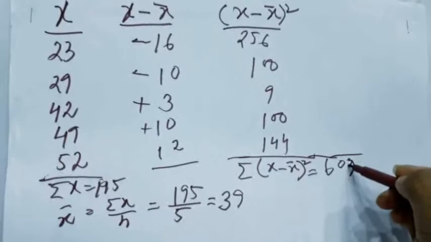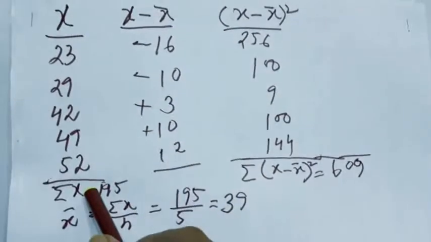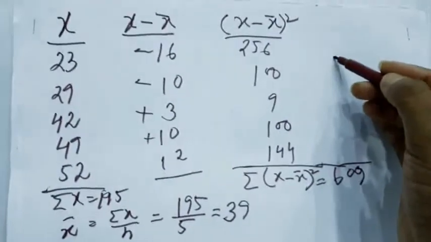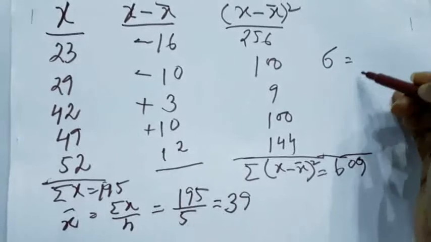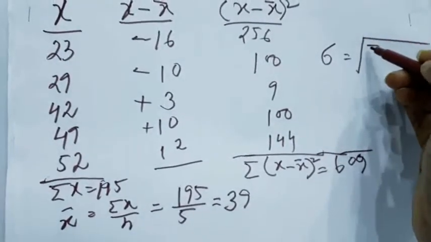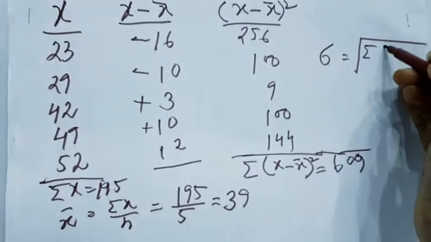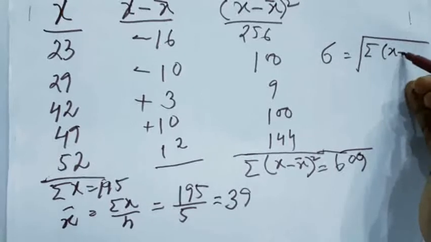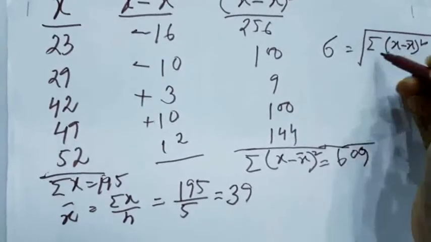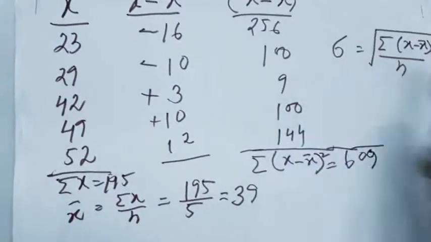Okay, 609. Since the magnitude of the data is large, big, what is our formula? Formula is sigma equals root over summation x minus x bar whole square by n. This is sigma.